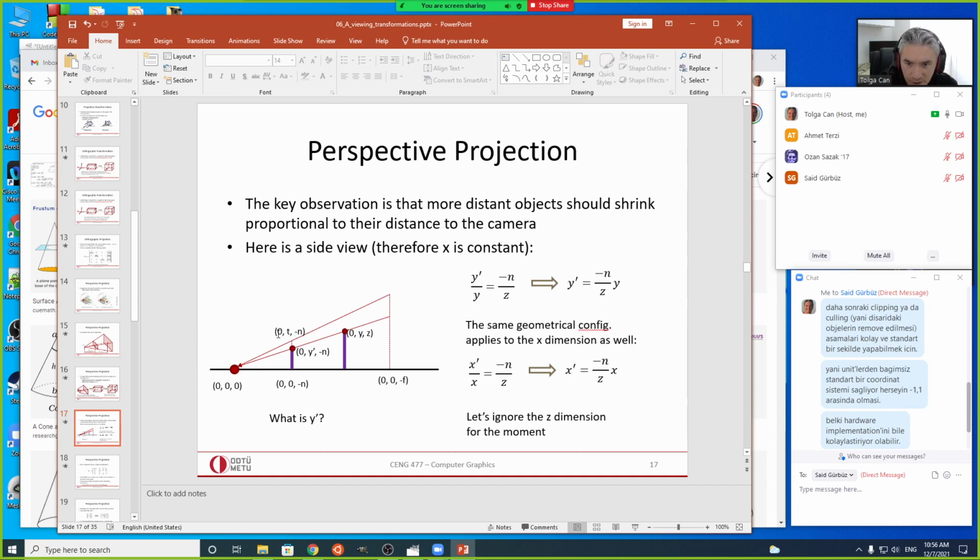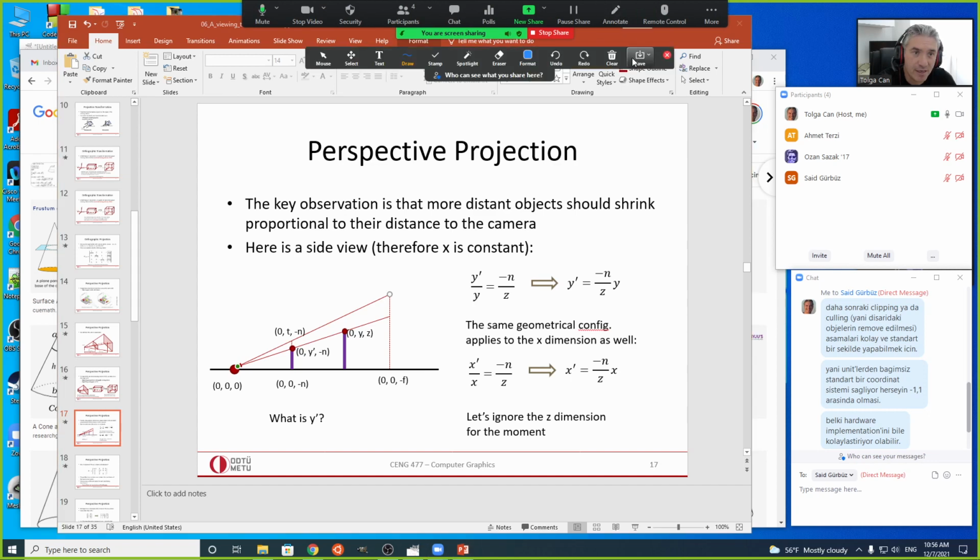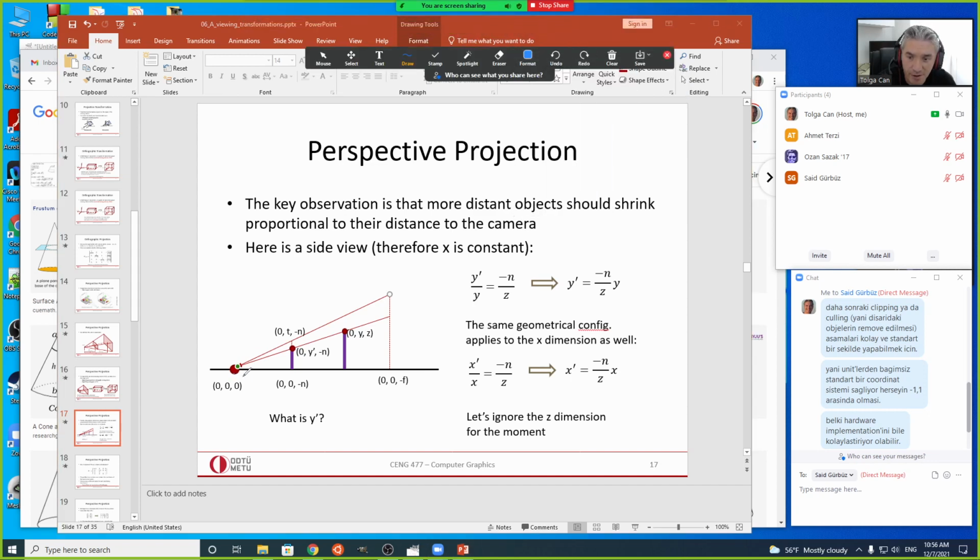Look at this point 0, t, minus n, the top of this line passes through. This is the upper boundary of your frustum, because t was your top boundary, and b is somewhere here. If it's symmetric, b is going to be somewhere here. This point here is going to have the coordinates 0, b, minus n. So this minus n is the distance.